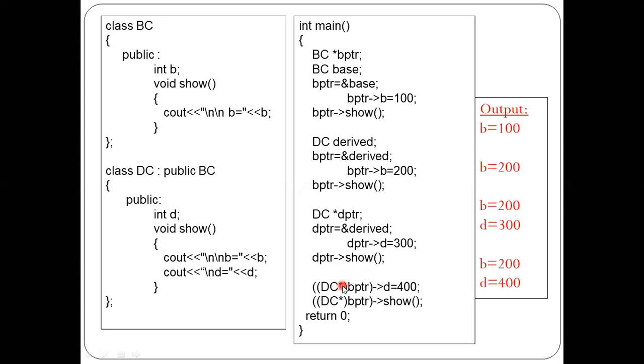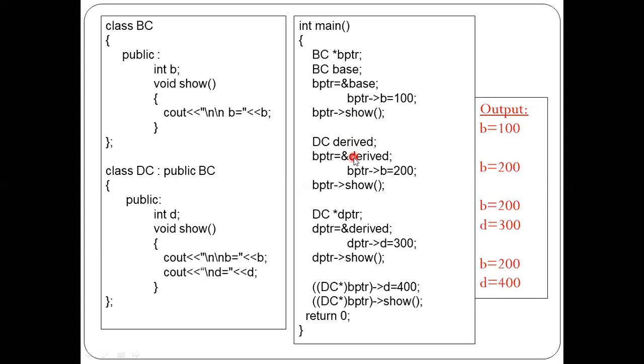While getting the output, as you can see in the first part, whenever you call the show method, the first show method is the base pointer with show, that is the base class show method, and it shows the value 100.